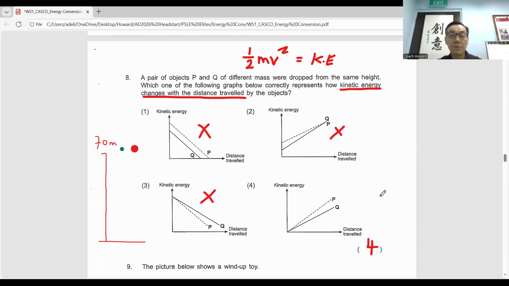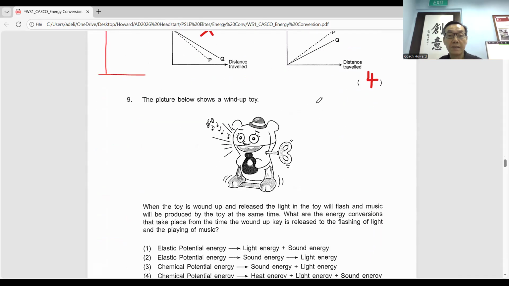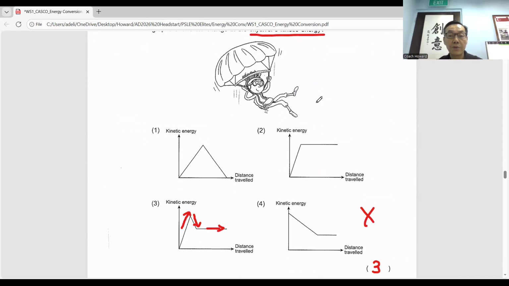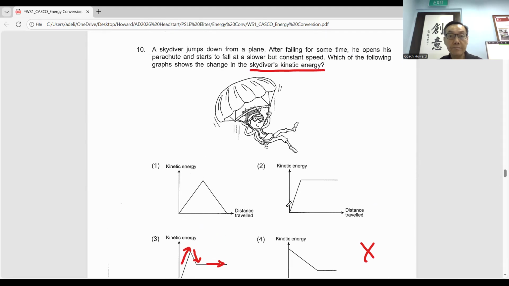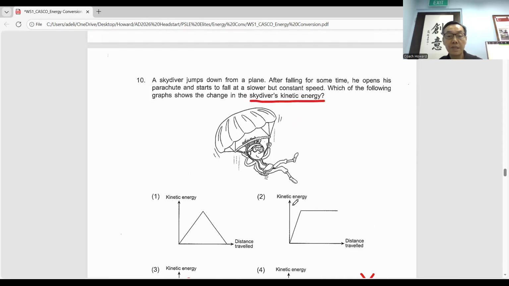Okay, so these two questions can be modified to be open-ended. If you modify to open-ended, you must know how to explain. So once again, for this question on the parachutist, take note, when the parachutist leaves the plane, he's increasing in speed.